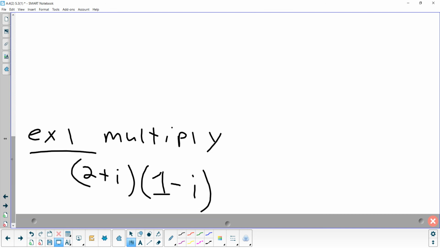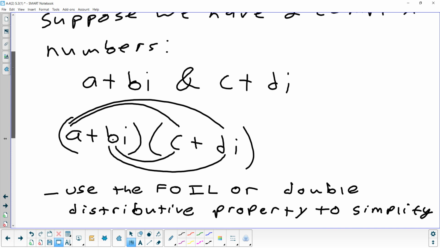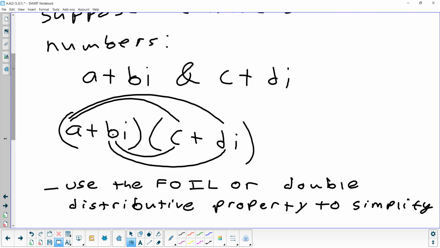When there's nothing there, it means multiply. And that's the pattern that we're going to use to multiply it out. Some people call it FOIL, some people just call it the distributive property twice, whatever you want to call it.